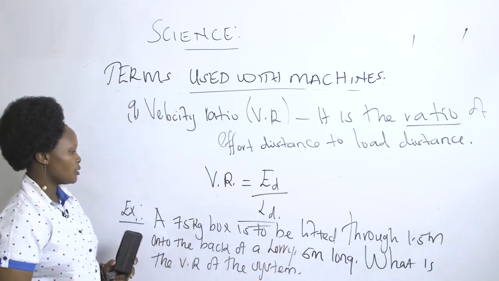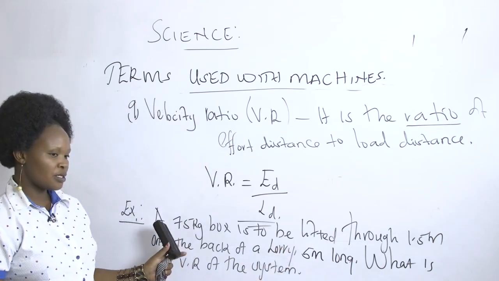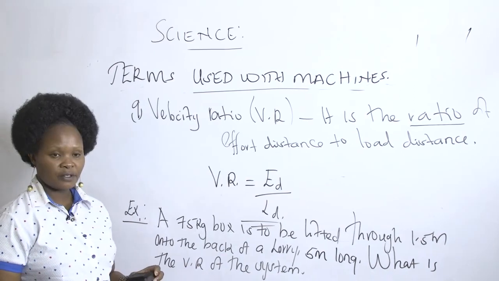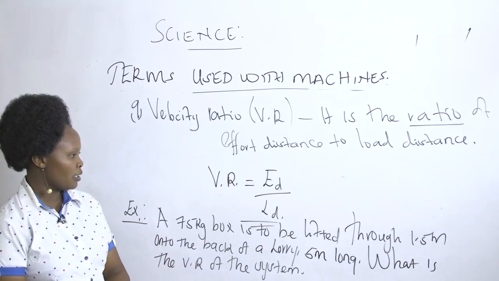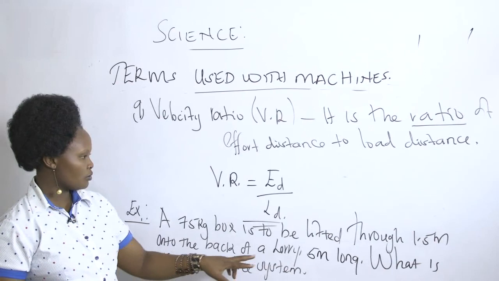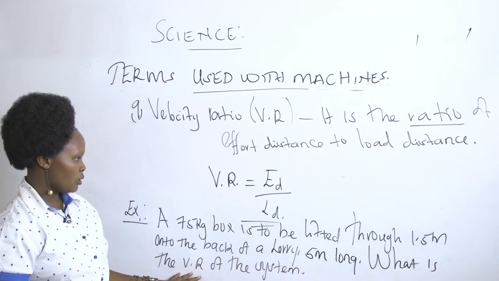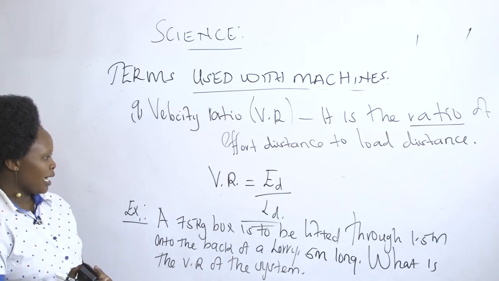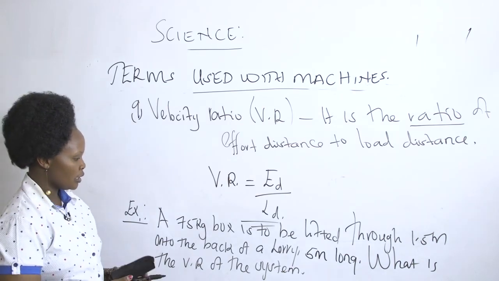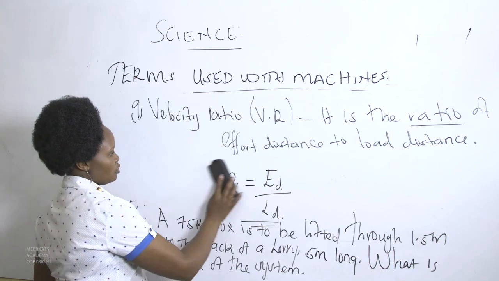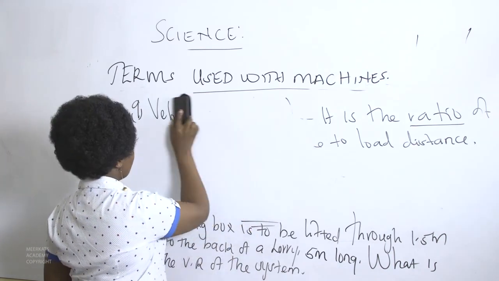We are told that a box of mass 75 kgs is to be lifted to the back of the lorry 1.5 meters high, and we want to find now the velocity ratio of the system.